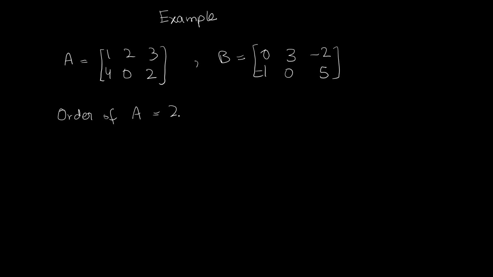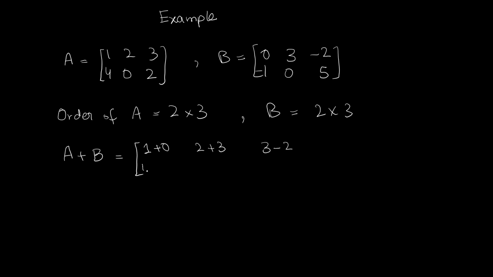A has 2 rows and 3 columns, which is the same for B. So adding the relevant elements together, this is the answer for A plus B.